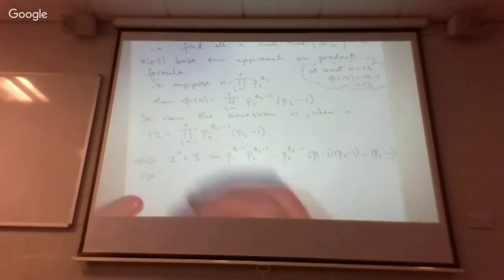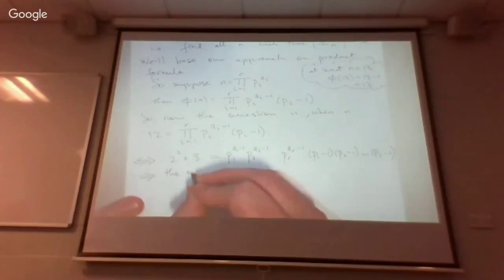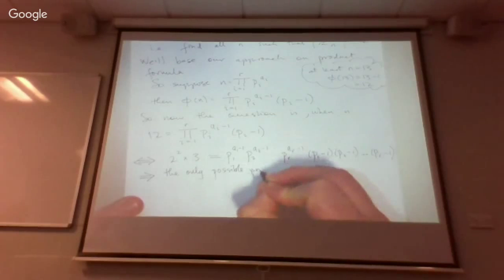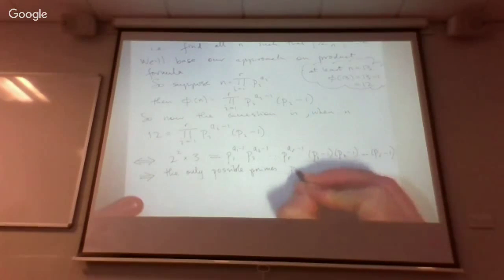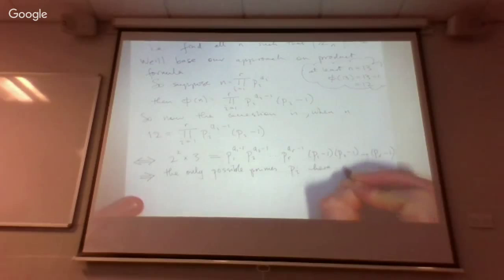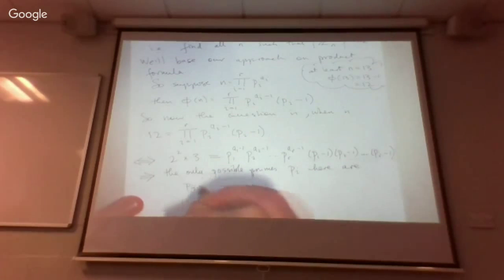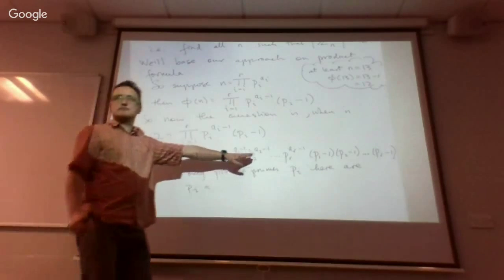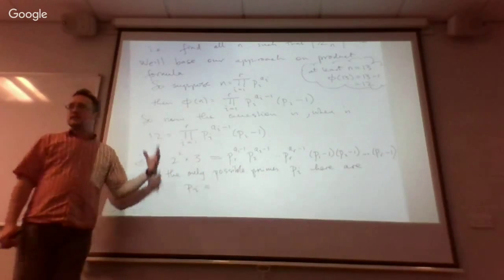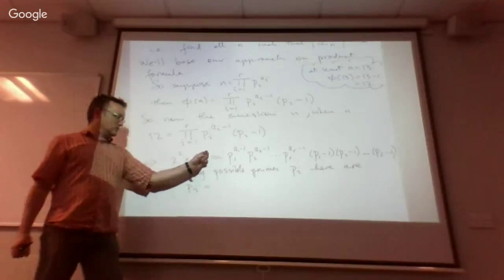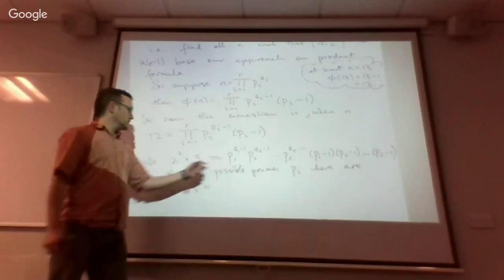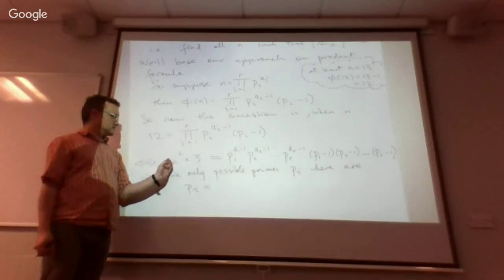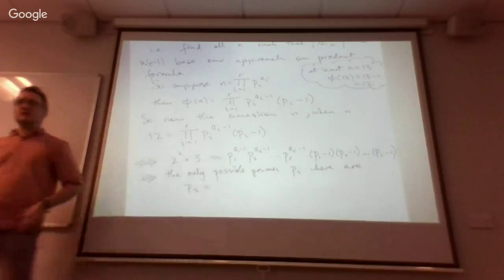Well, first of all, the only possible primes p_i here are, what possible primes can we allow into the discussion? It's very restricted, since when you put the prime p_i in there, the only thing that can be produced here is one part of the factorization of 12.